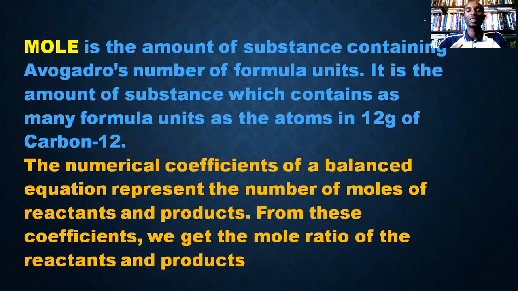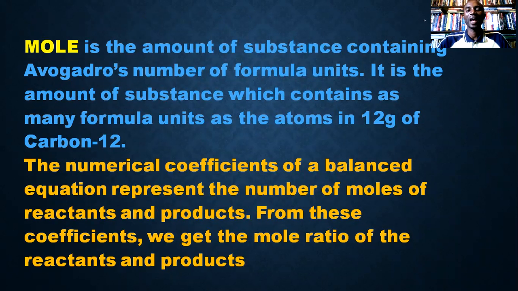Now, in any given chemical equation, we have what we call the mole. What is a mole? A mole is the amount of substance containing Avogadro's number of formula units. It is the amount of substance which contains as many formula units as the atoms in 12 grams of carbon-12.